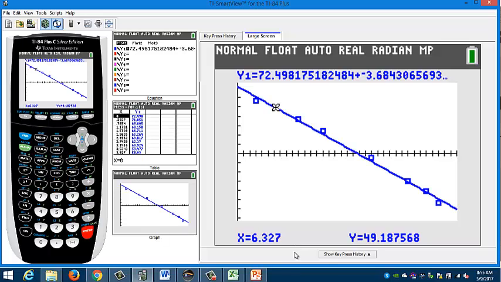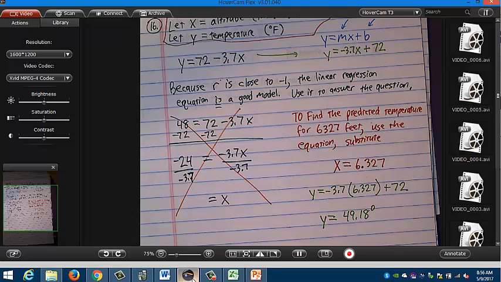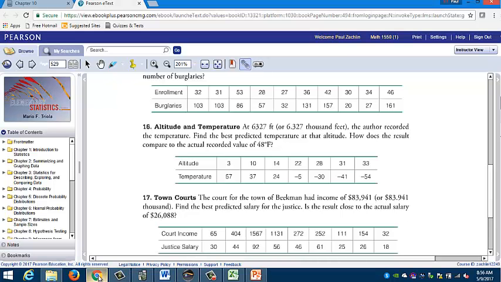So I wrote that down, 49.18 degrees, which is what you would get if you calculated it by hand. And then the homework asks, how does this result compare to the actual recorded value of 48 degrees? That's pretty close, right? It's 1 degree higher, so that's not too bad.